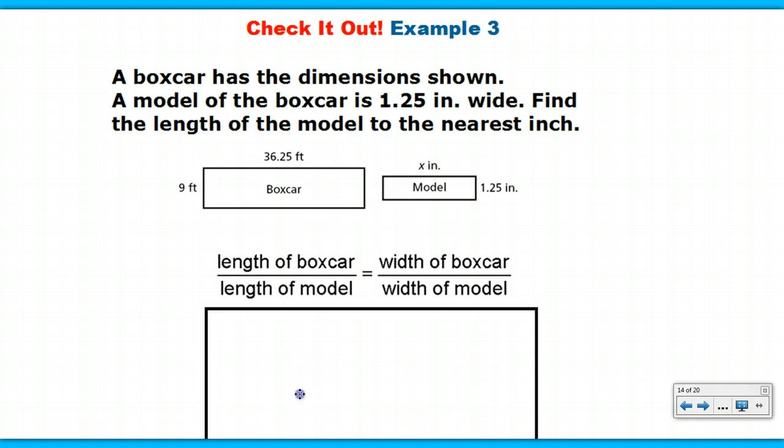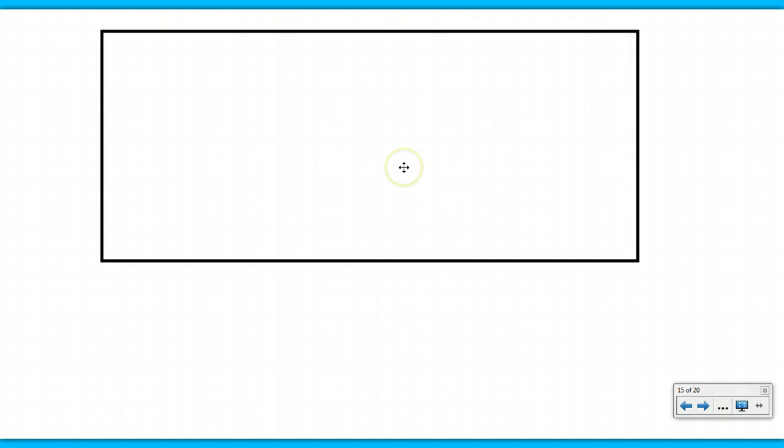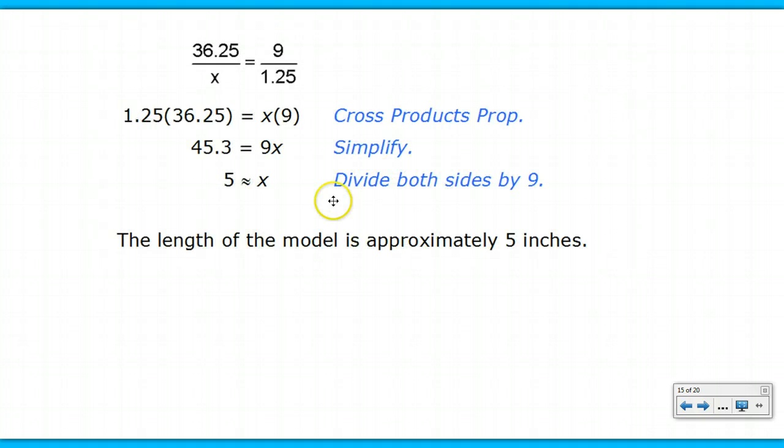So we again have the length of the actual boxcar over the model should equal the width of the actual boxcar over the width of the model. So we can substitute, and now we can use our cross products property to solve, right? And when we do, you should have the length of the model is approximately 5 inches, almost 5 inches, actually a little more, just a hair more, right?